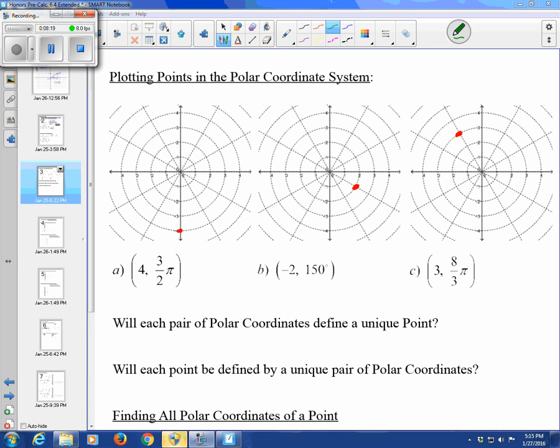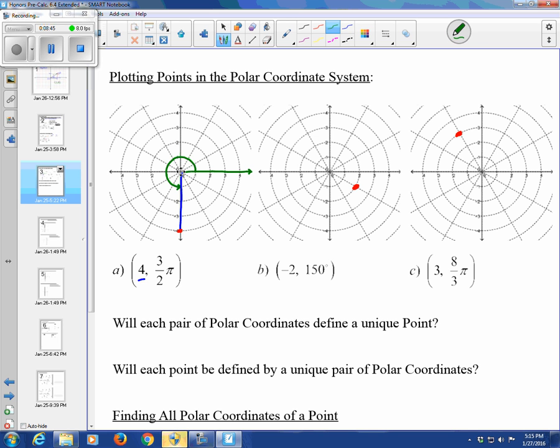So right here for A, we start out with a standard position rotation of 3/2 pi, so that's going to rotate us all the way around to that negative y-axis, and then we're traveling a positive 4 units in that direction. So basically that means us traveling forwards in that direction 4 units, and that takes us down to our point right there.